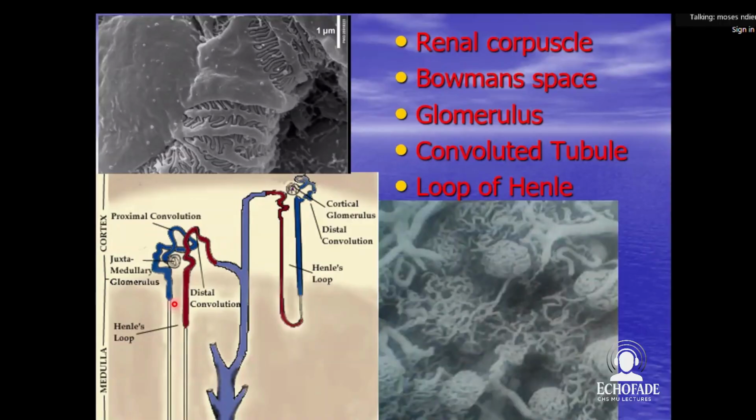It also comprises two parts, the descending and the ascending part of the loop of Henle. The descending loop of Henle is permeable to water, so water can be reabsorbed back into circulation. Between these loops of Henle, we have the capillary network that we refer to as the vasa recta.